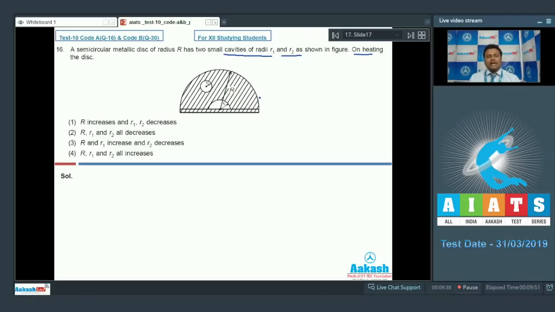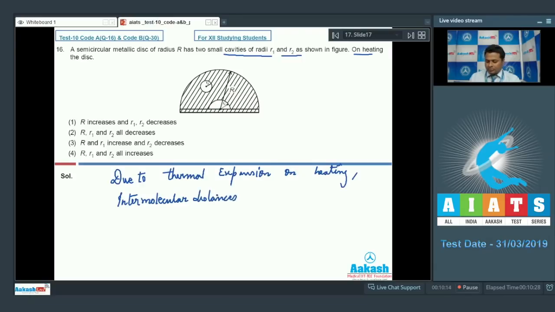Now we know that due to thermal expansion on heating, intermolecular distances increase, and hence we can say that all radii will increase. So, due to thermal expansion phenomena on heating, intermolecular distances increase.